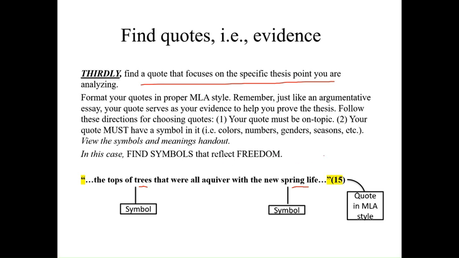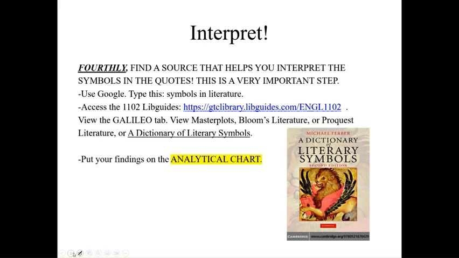Notice too how everything is in MLA style. Okay. Always format your paper and your quotes obviously in MLA style. You guys are newbies, so you have to find a source that helps you interpret the symbols in the quotes. Okay, you have to find a source that helps you interpret literature in general.